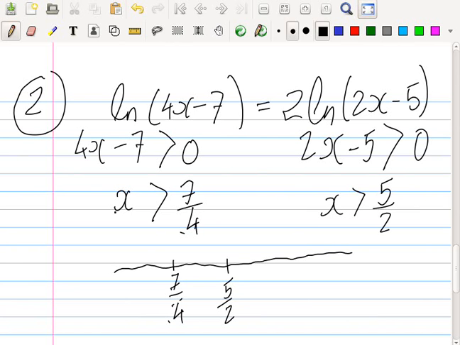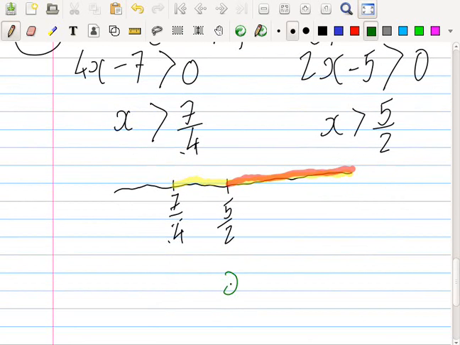Anyways, in this one here, you need x to be more than 7 over 4, and in this case here, you need x to be more than 5 over 2. So there's really only one way that you can have both satisfied, and what's that? If x is more than 5 over 2.